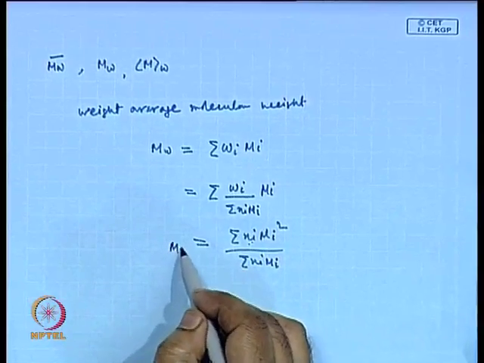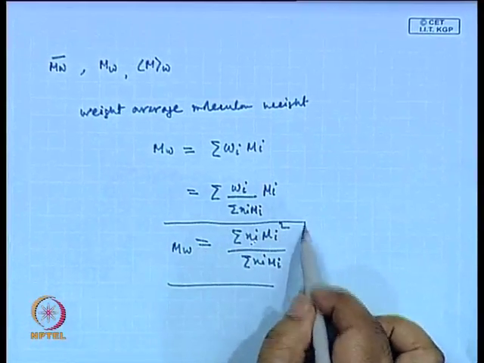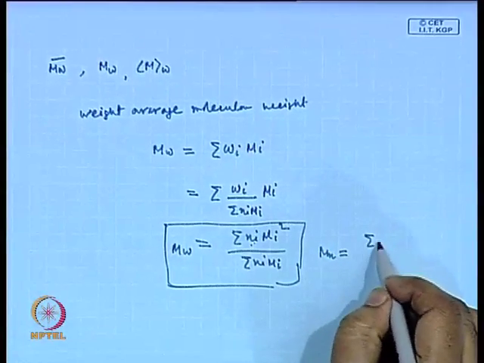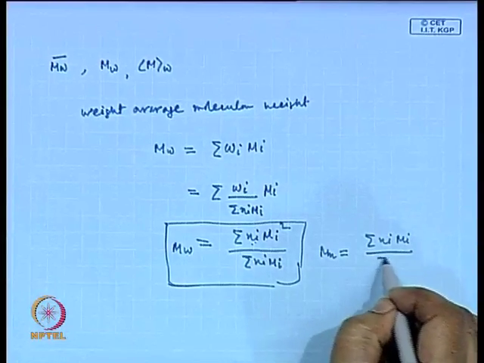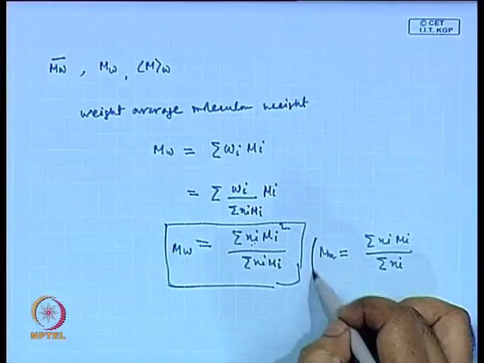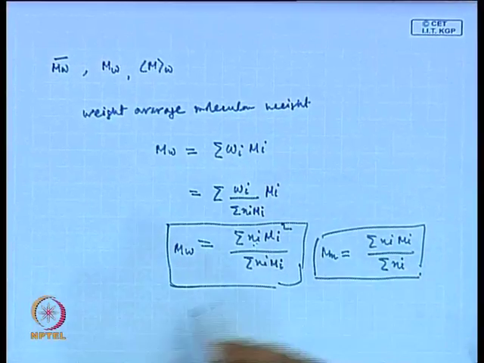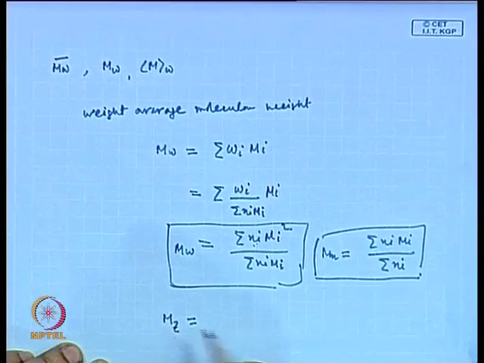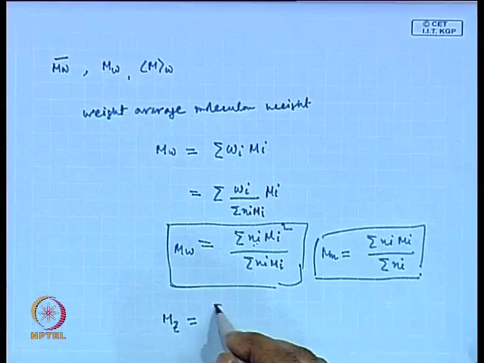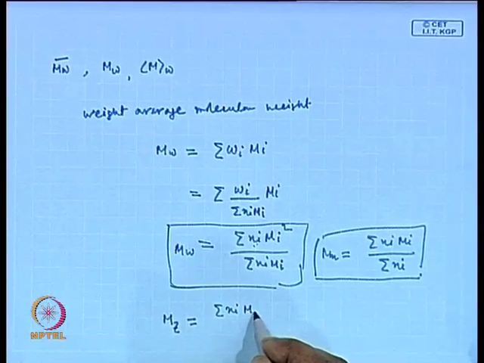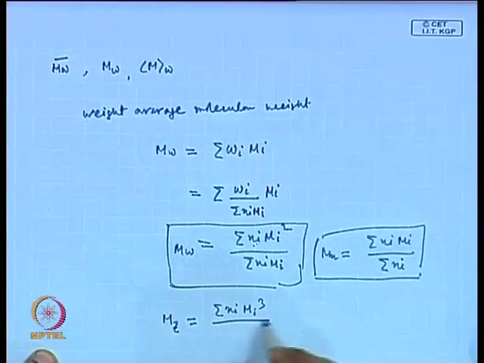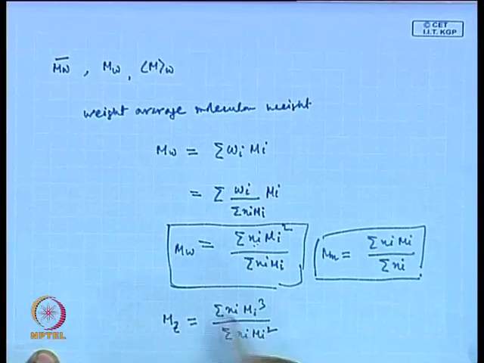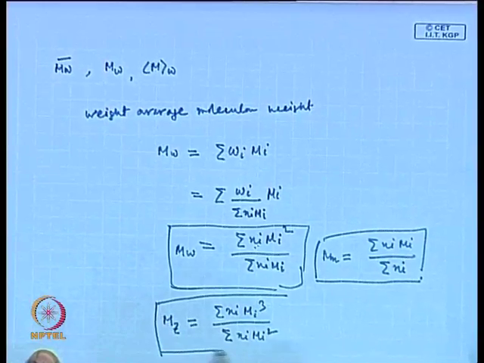So, you get Mw as this. Remember what was Mn? Mn was sum of Ni Mi by sum of Ni. Now, there is another molecular weight defined, Mz, which is sum of Ni Mi cube by sum of Ni Mi square. This is Mz.